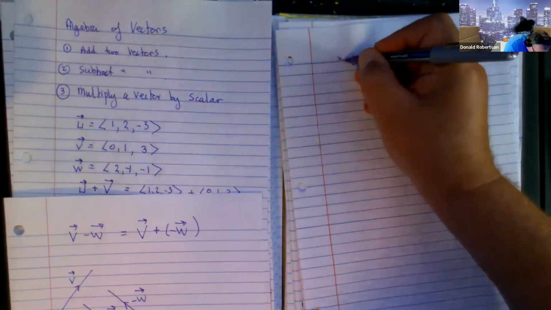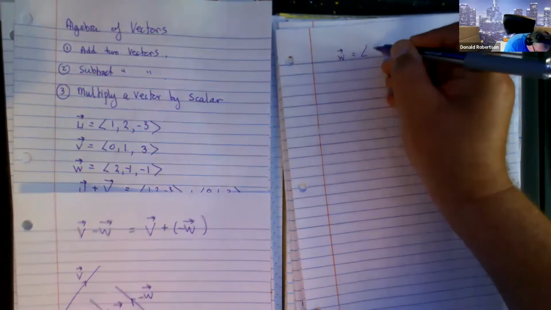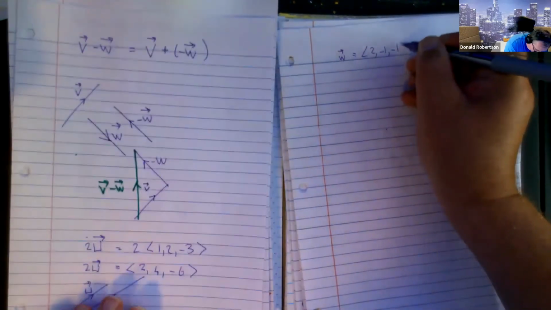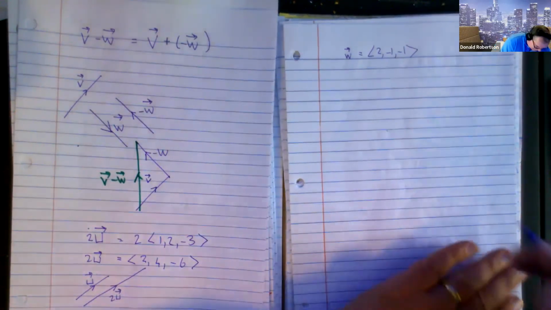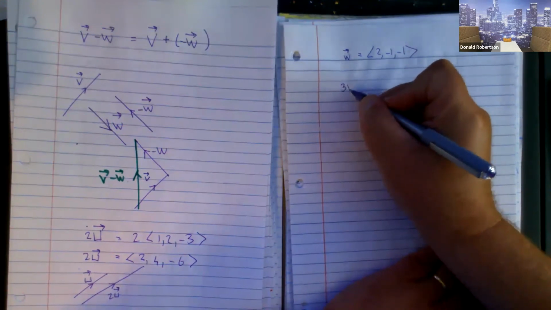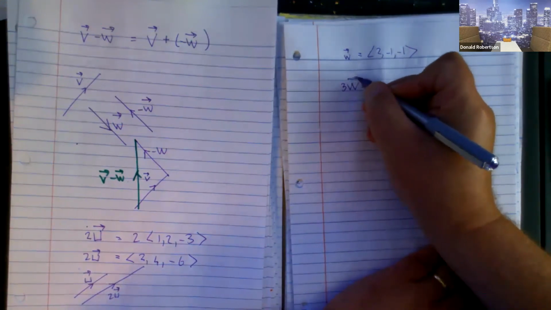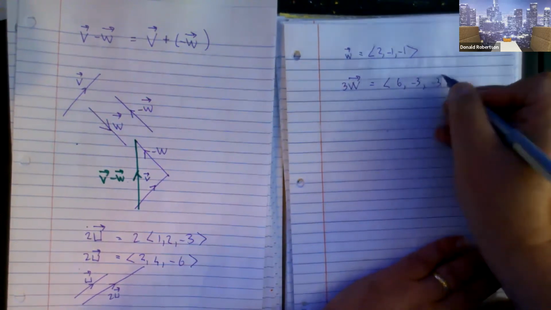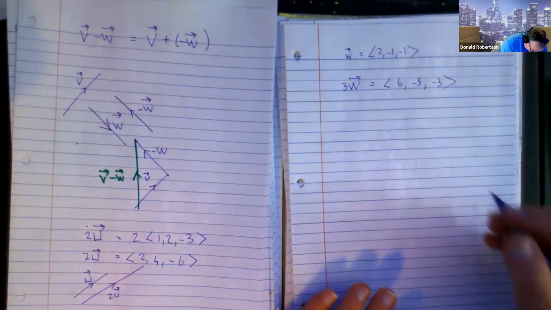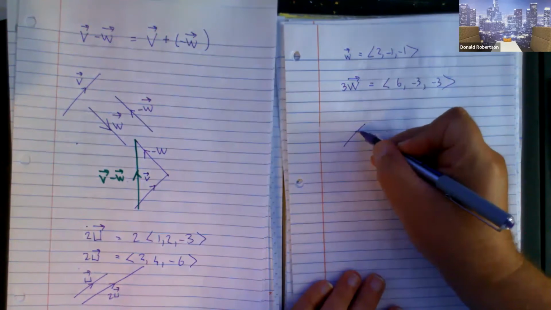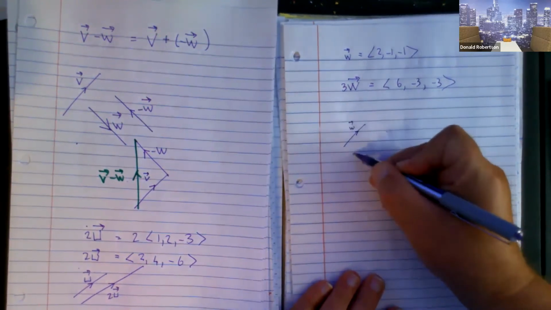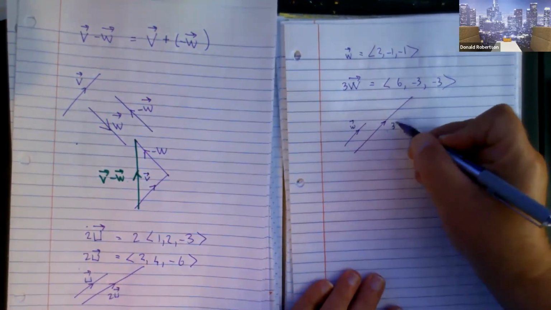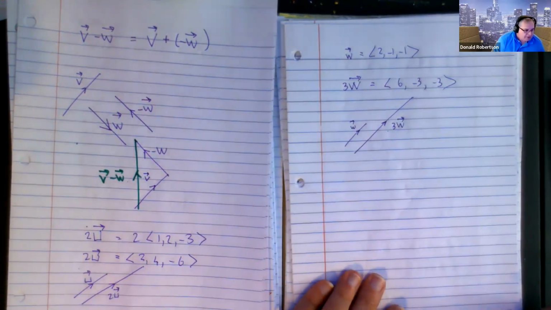Let's do another scalar multiple. I'm writing this down so I don't mess it up. There's the vector W. If I asked you to find 3W, it would just be 6, -3, -3. If you drew it, that might be W, and 3W would look like that.